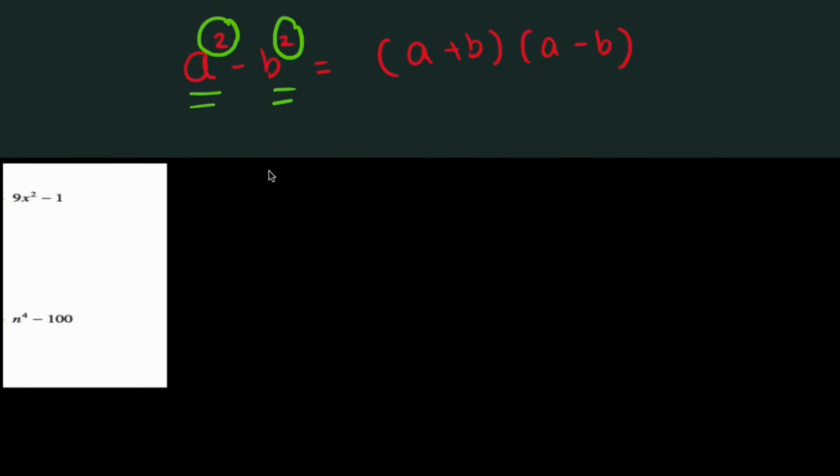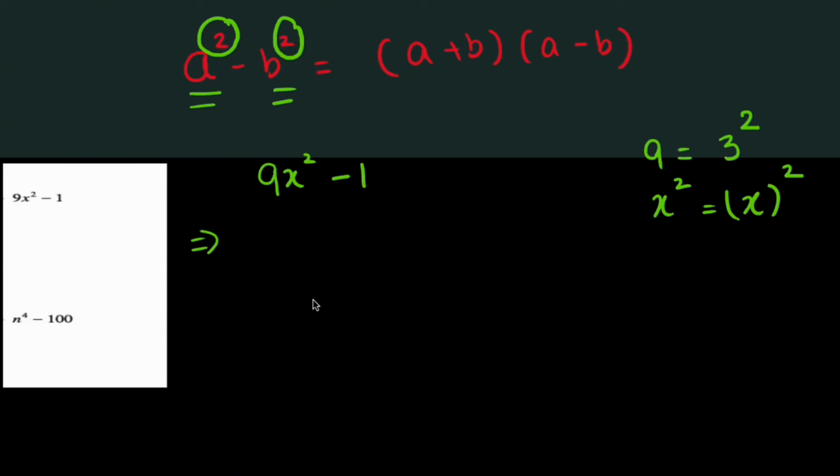So let's take the first example. I have 9x squared minus 1. I know that 9 is a square of 3 and x squared is just a square of x. So I can go ahead and write 9x squared as (3x) squared minus, and remember 1 raised to any power is 1 itself.